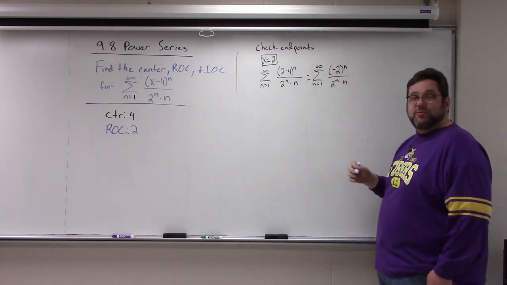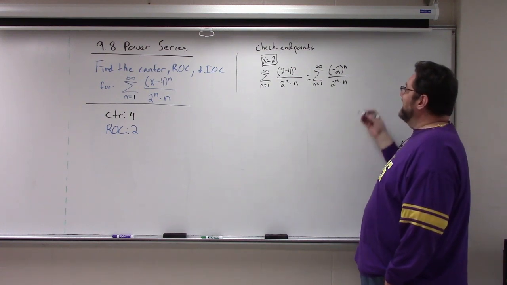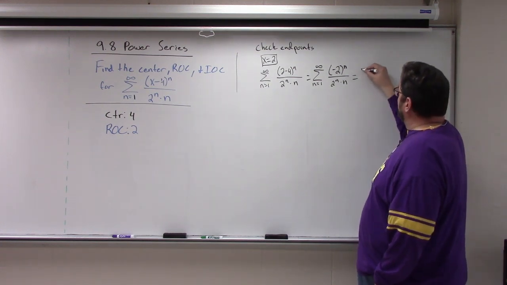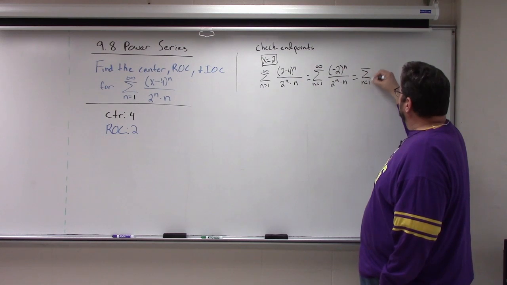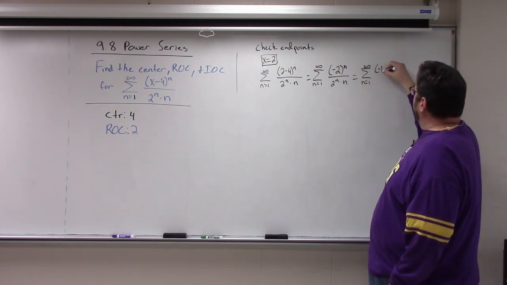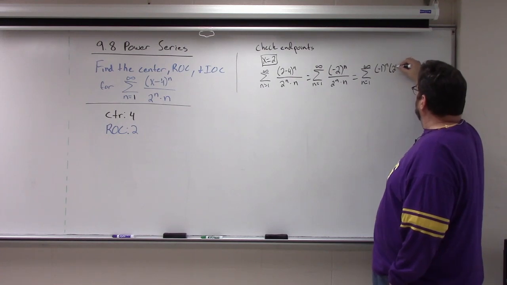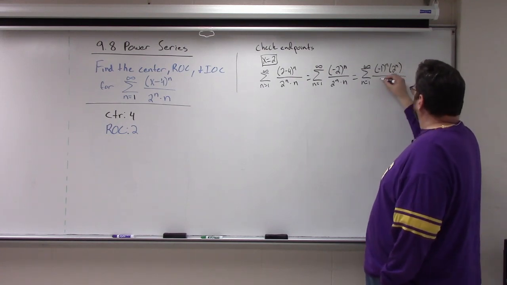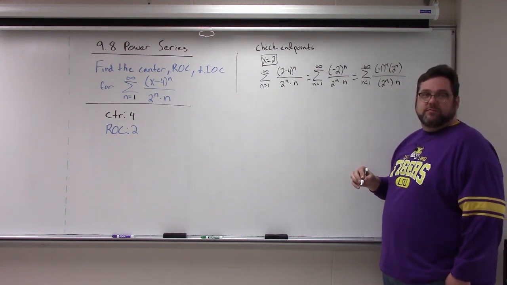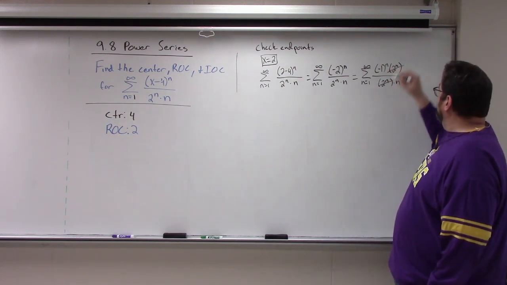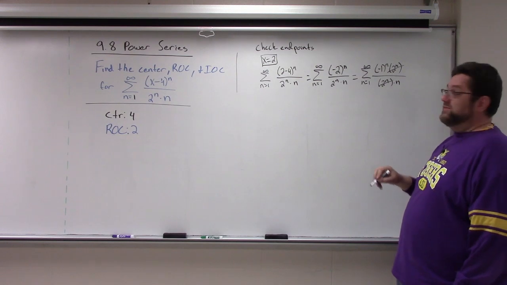Now there are a couple of ways you can do this. The way I like to do it is to break it up like this. This is (-1) to the n times 2 to the n over 2 to the n times n, and then the 2 to the n terms go away because they're the same.